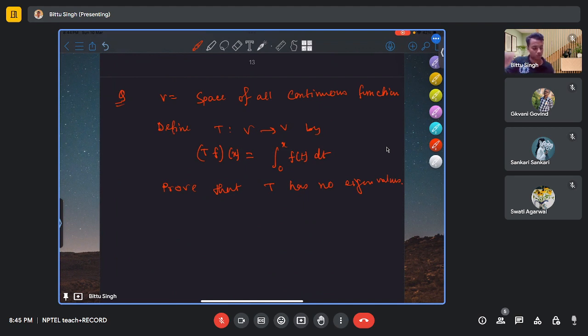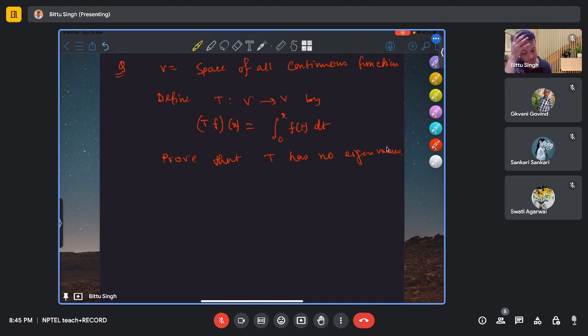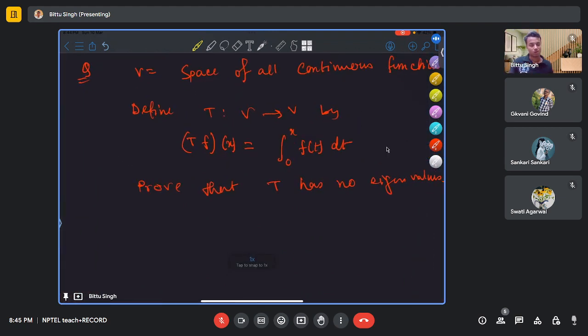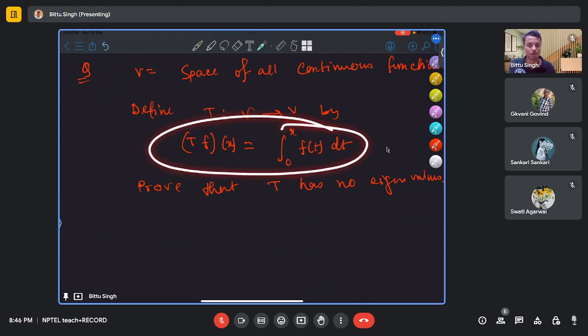So how do we prove that? This is also an interesting example. For finite matrices, we know that for n by n matrices there will be n eigenvalues. But for infinite dimensional cases, there may not be a single eigenvalue. This is the interesting case, and this example shows that fact.